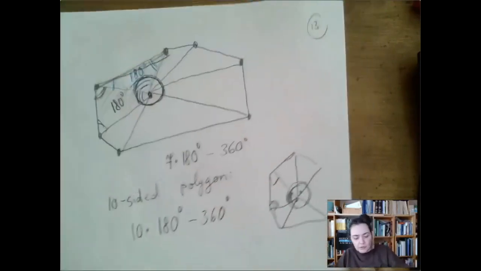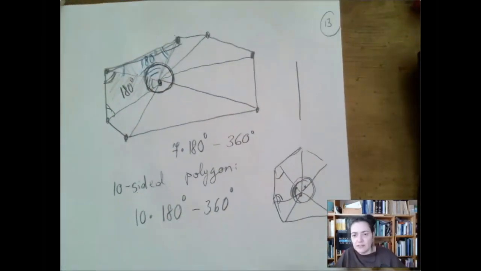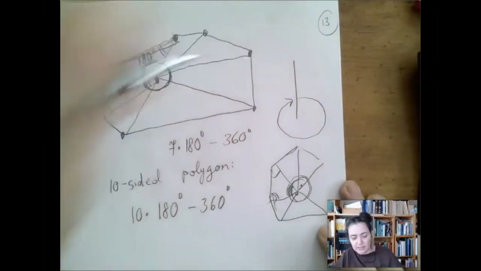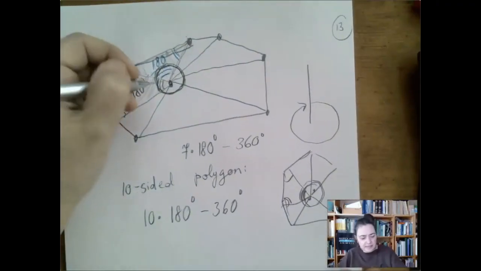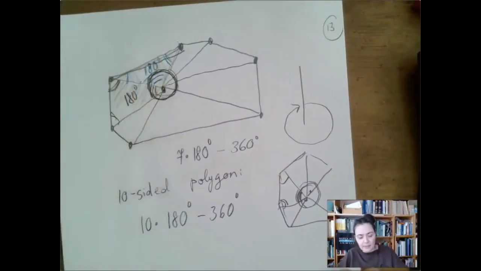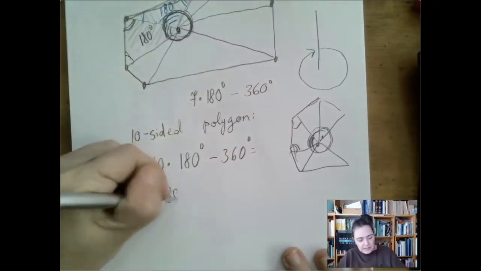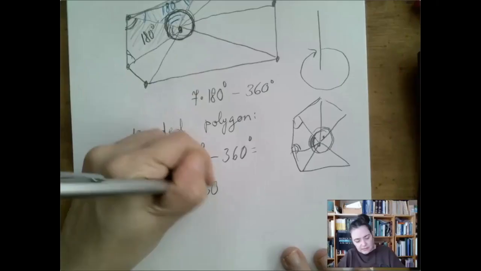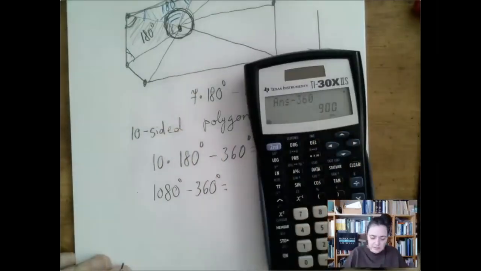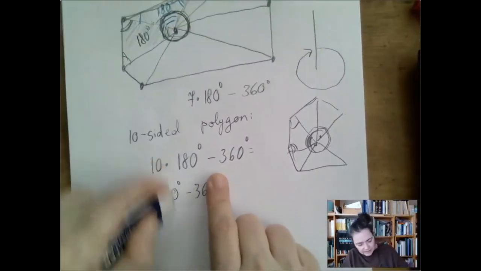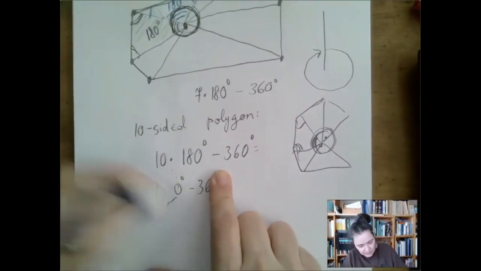The chat box says it's 360, not 420, because the measure of the full angle is 360. Exactly. That's the circle. That's why it's 1800 minus 360. Wait, 1800. I get worse every semester.